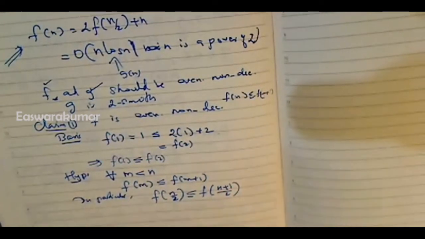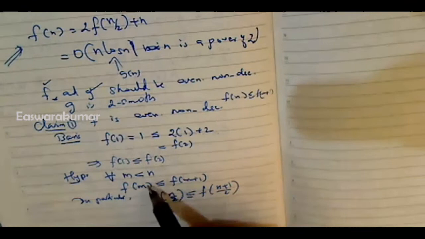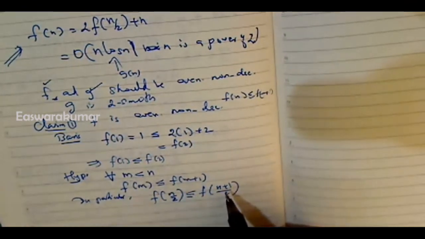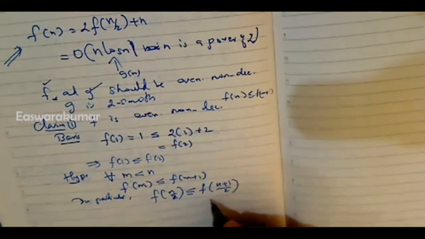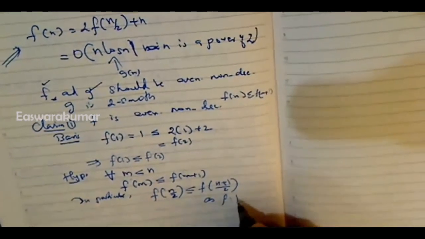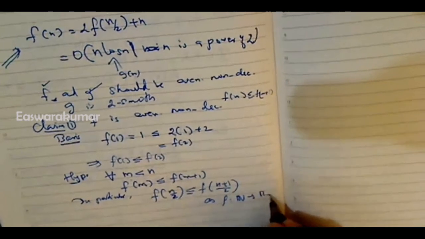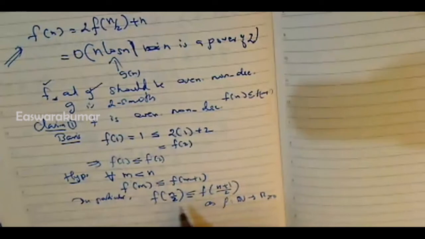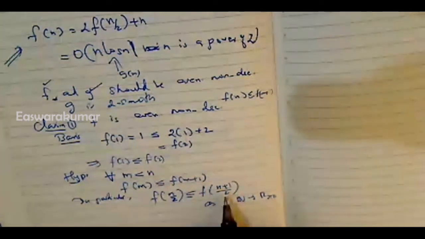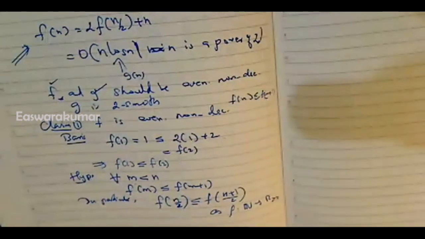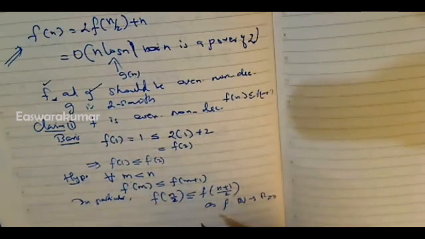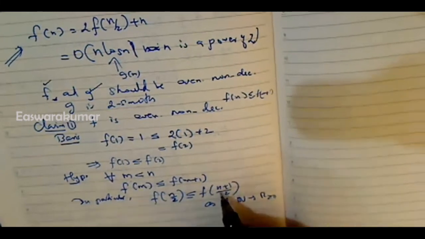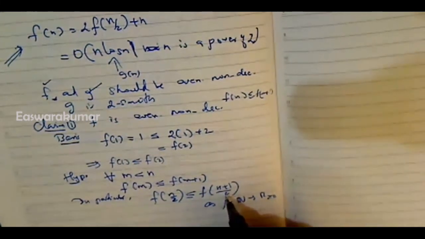Why? You see, these m are integers, but there is a fraction. So actually, we assume that f is from the set of natural numbers to the set of non-negative real numbers. So this value should be an integer value, so you take the integral part of that. Therefore, suppose n by 2 is an integer, then n plus 1 by 2 may not be an integer.